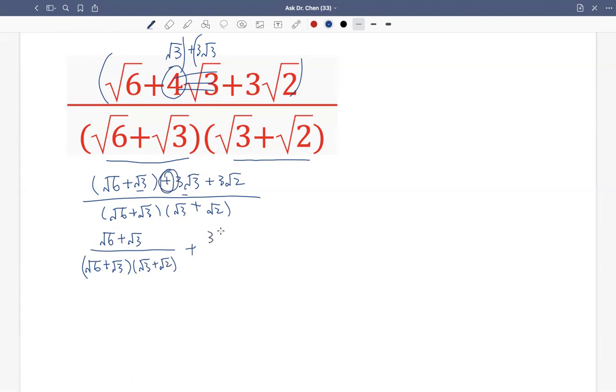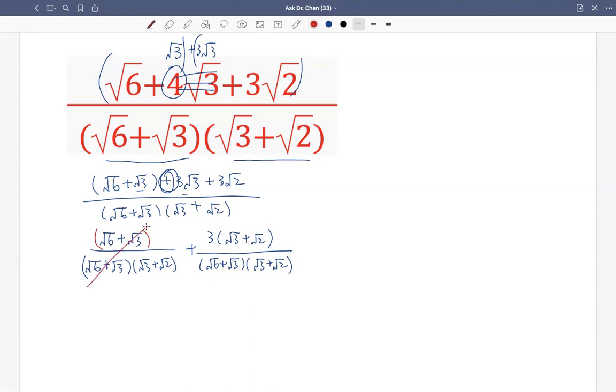So we can factor out 3. Then we have radical 3 plus radical 2 divided by the same denominator. So radical 6 plus radical 3 times radical 3 plus radical 2. Now something can be simplified. You see the numerator, we have radical 6 plus radical 3.